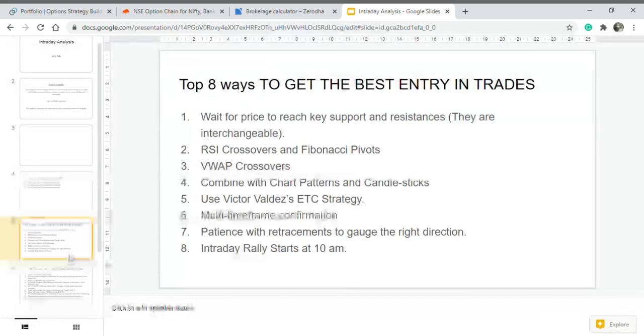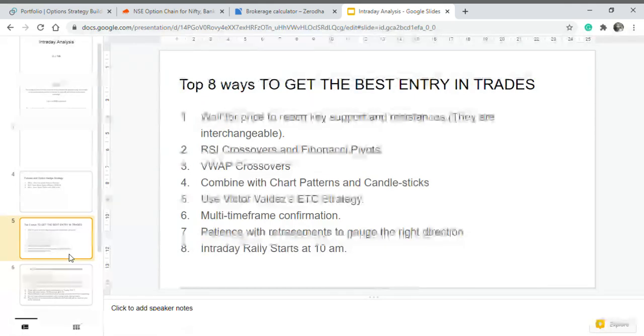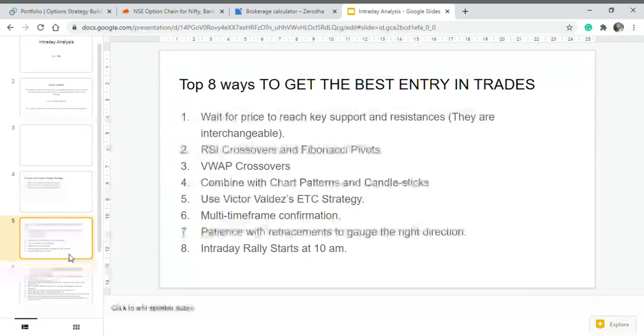So keeping in mind the pivot and the RSI is a very important method of entry as well. The RSI Fibonacci pivot entry is also a very reliable entry. I'll make a video on how it is to be done at a later point, but now remember that you can use these indicators as a good entry method.